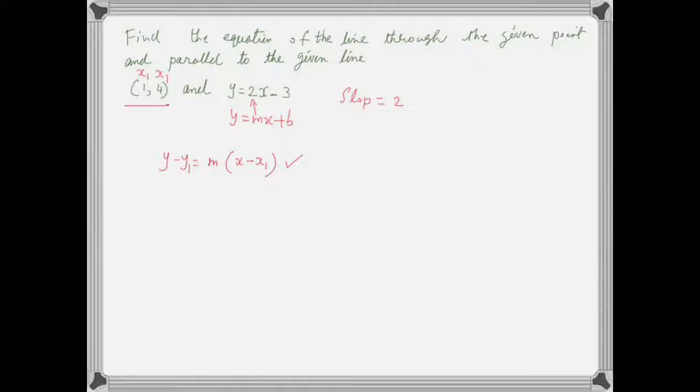So you will get y minus, give me a second, this is not x1, this is y1. Let me correct this. So y minus 4 equals m, which is 2, times x minus x1. x1 is 1.